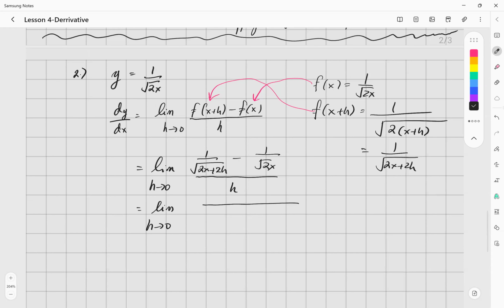The common denominator is the square root of 2x plus 2h times the square root of 2x. The numerator becomes the square root of 2x minus the square root of 2x plus 2h, and you divide everything by h.